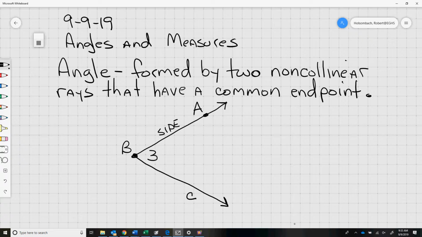And ray BC, the ray that starts at B and goes through point C, is also a side of the angle. The common endpoint of these two non-collinear rays is called the vertex of the angle.